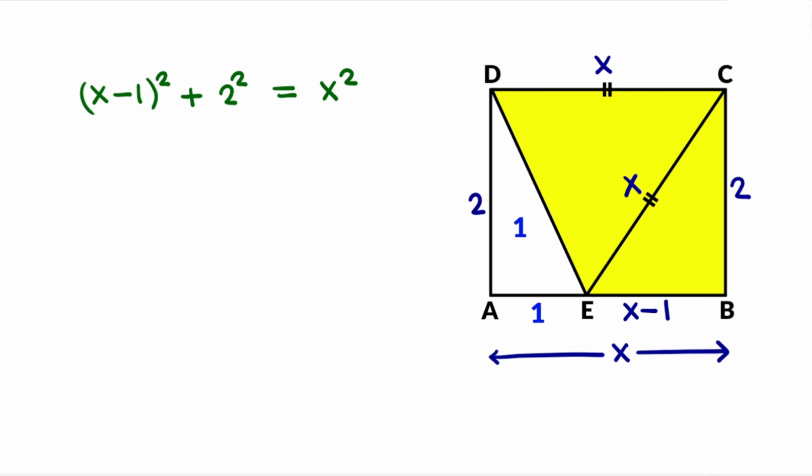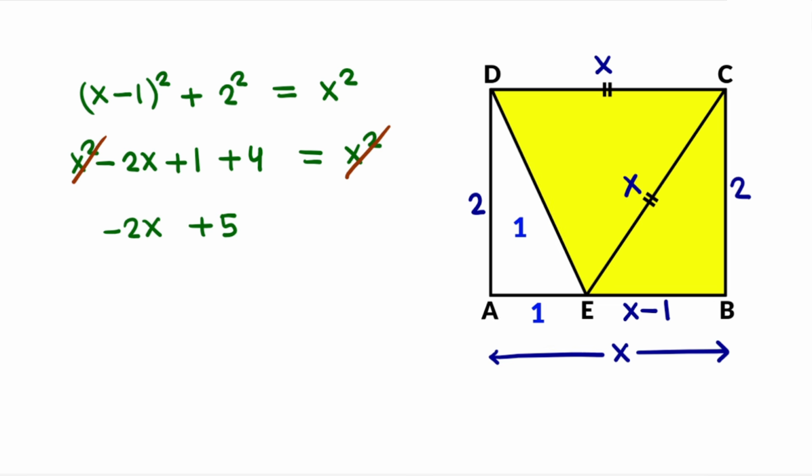Expanding the square gives x squared minus 2x plus 1 plus 4 equals x squared. The x squared terms cancel immediately, so we're left with negative 2x plus 5 equals 0.